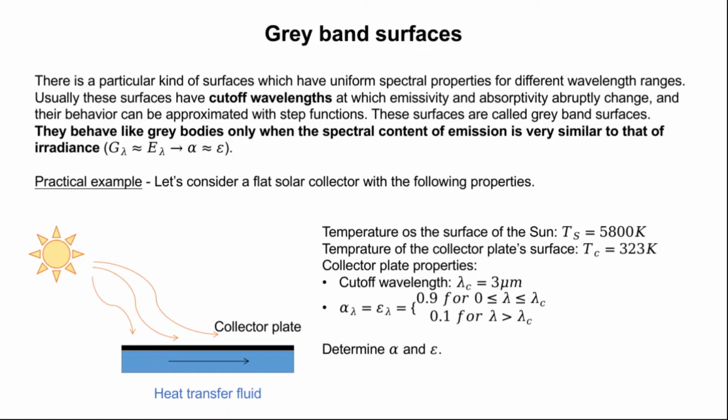The temperature of the surface of the sun is about 5,800 kelvins, while the temperature of the collector's plate is 323 kelvins. The collector's plate has a cutoff wavelength of 3 micrometers, and has alpha lambda and epsilon lambda equal to 0.9 for wavelengths up to the cutoff wavelength, and 0.1 for bigger wavelength values. Let's determine alpha and epsilon.